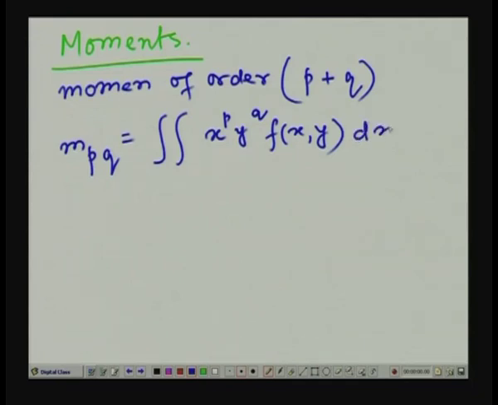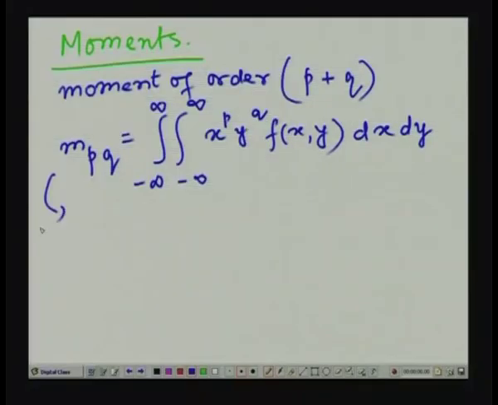Take the integral dx dy, and this integral has to be taken from minus infinity to infinity over y and minus infinity to infinity over x. So, this is the definition of a moment of order p plus q for a normalized gray level image f x y.